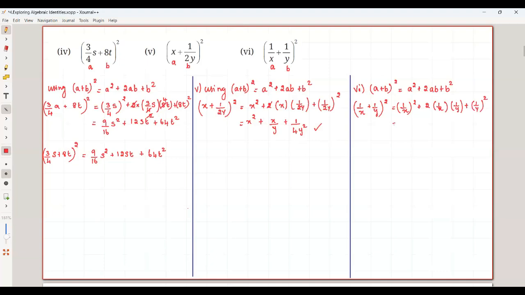Now just simplify. 1 by x the whole square is 1 square, which is 1, divided by x square, plus 2 into 1 is 2 divided by x into y is xy, plus 1 square is 1 divided by y square. So the answer is 1 by x square plus 2 by xy plus 1 by y square. This is the answer.